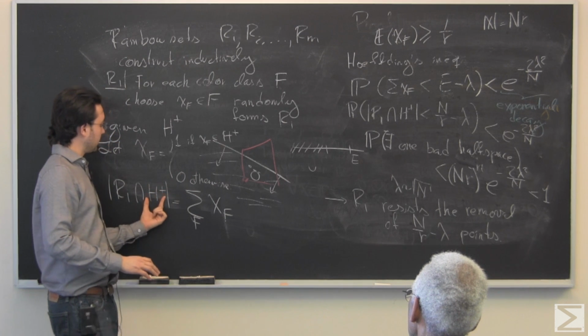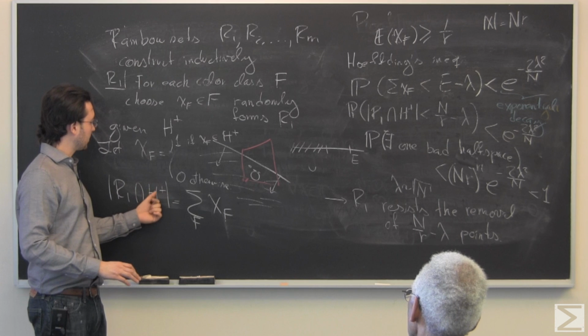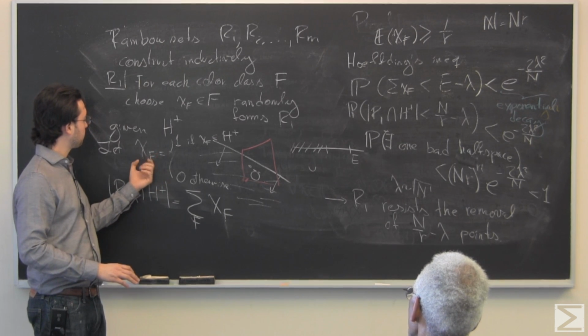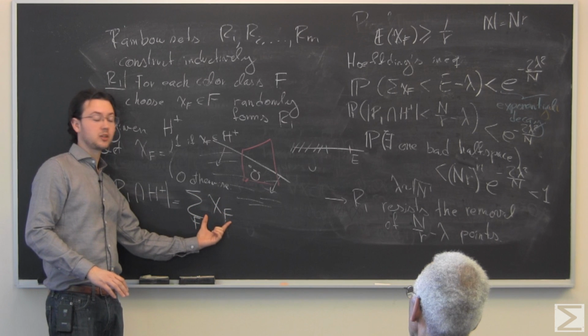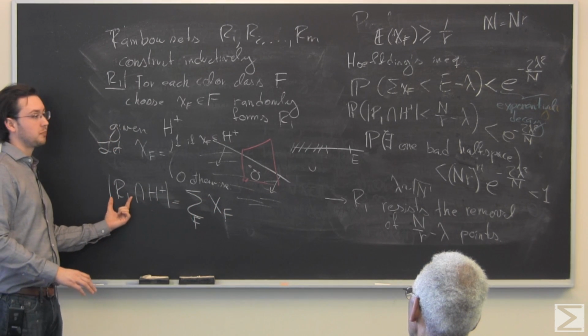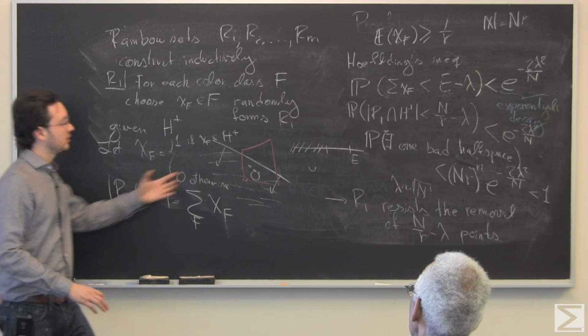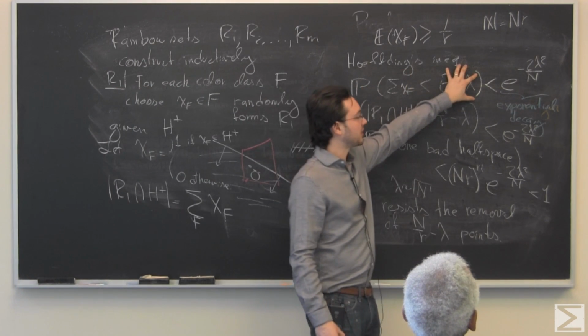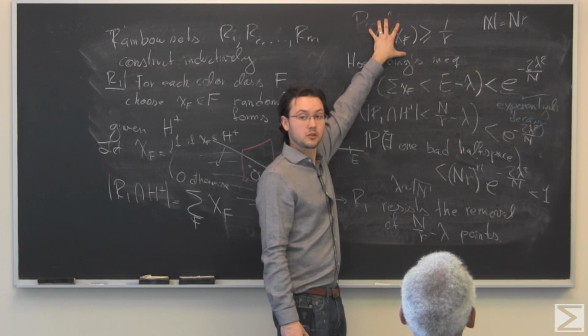For each hyperplane, we make these random variables, but now depending on which of the bad cases we're talking about, and we want to see that this is not too far away from its expectation, which we have under control because of the same inequality we had before.